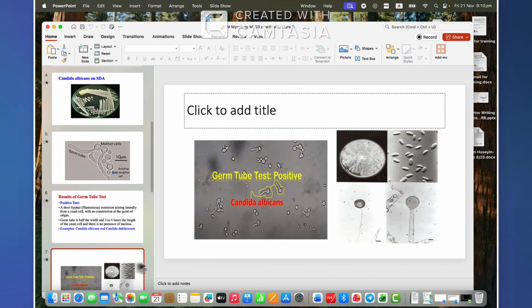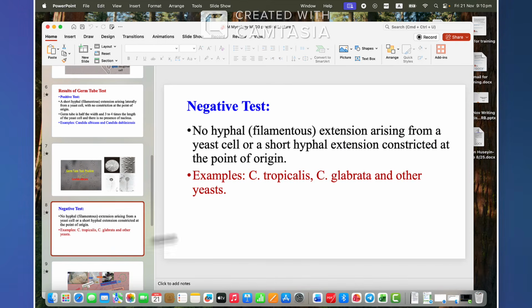You will find like this, and negative, we talked about it. Tropicalis and glabrata are negative, so no formation of hyphae or filaments, no formation of germ tube in those species. Just Candida albicans and Candida dubliniensis.